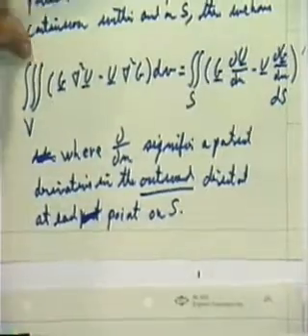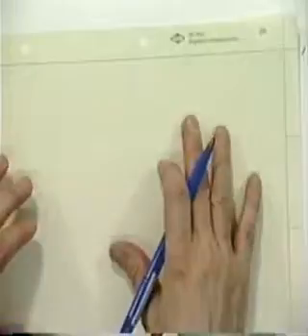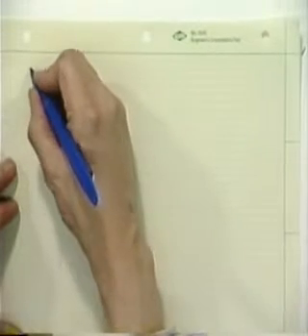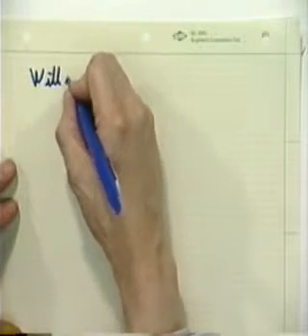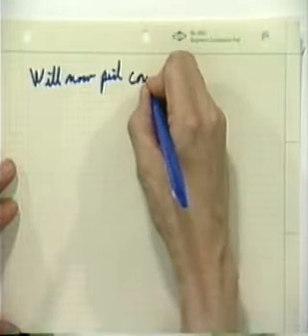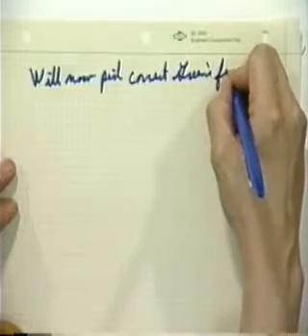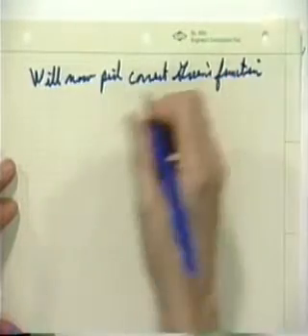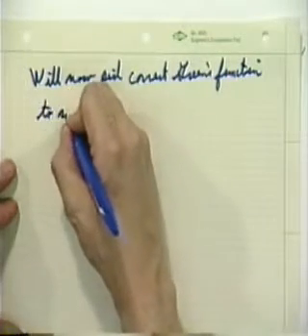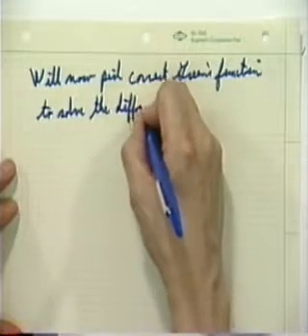So what we'll do next, using this Green's theorem, is pick the correct Green's function to solve the diffraction problem. So I'll write that down. We'll now pick the correct Green's function to solve the diffraction problem.